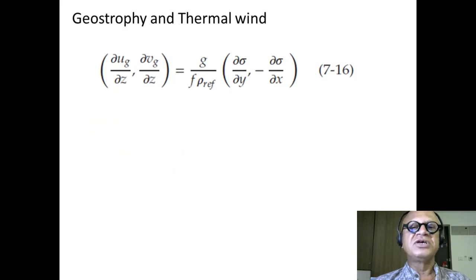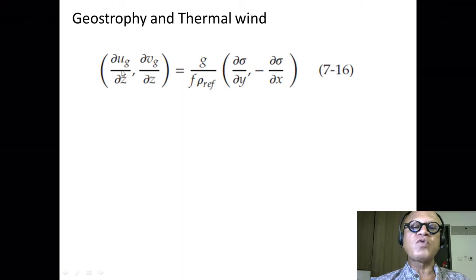Going to geostrophy and thermal winds, we had written before when we approximated rho as rho ref plus sigma, and then we had assumed sigma is a function of temperature, and we had related these gradients to temperature, and that's why we call them thermal winds. But the main point was horizontal gradients of density were giving us vertical shears of geostrophic winds.